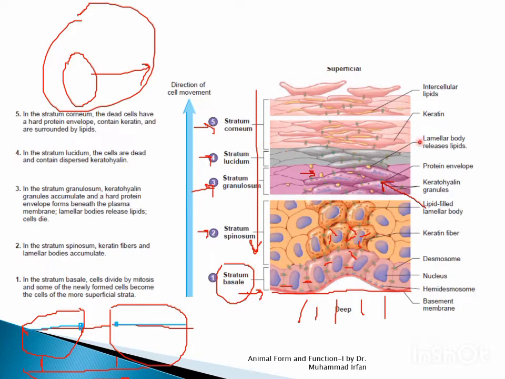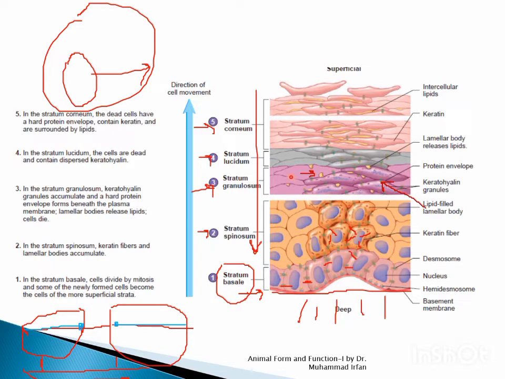As we know, the outermost layer of the skin, the stratum corneum, is where the cells shed. So these lamellar bodies also release components and enzymes that are required for skin shedding in the uppermost layer.